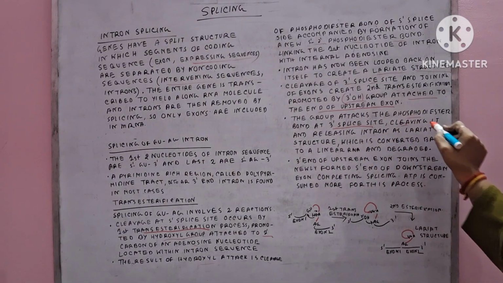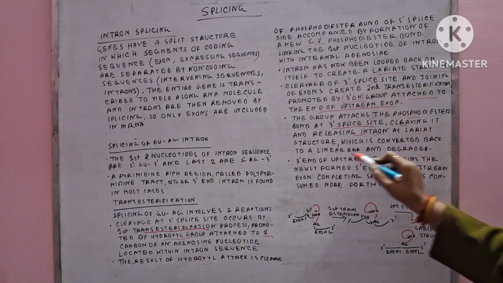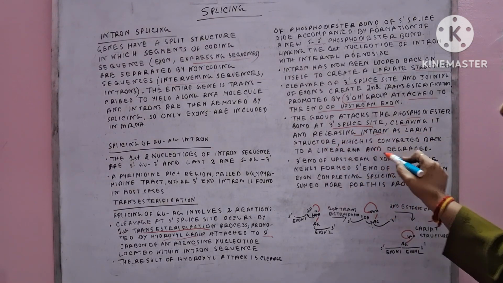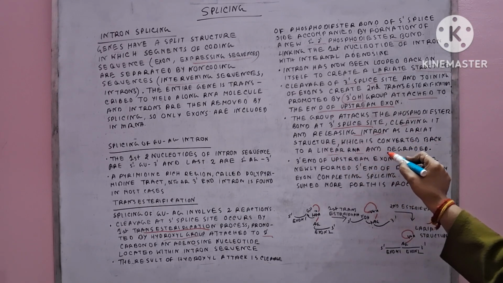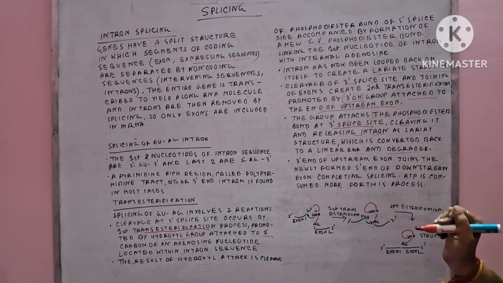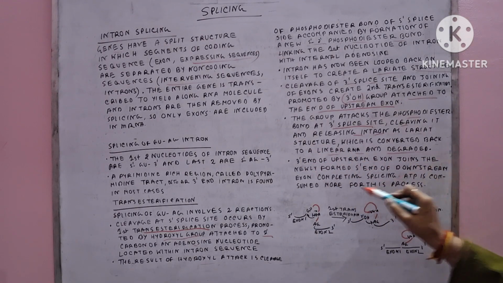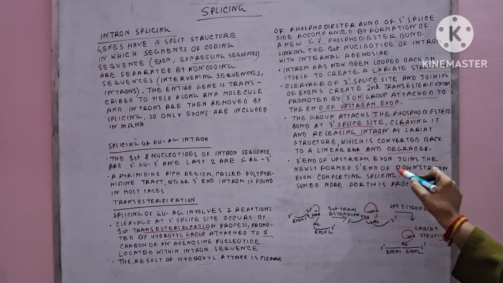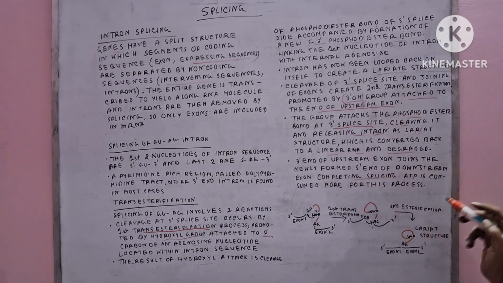Okay, cleaving that and releasing the intron as the lariat structure, which is converted back to linear RNA and degraded. And the last step is what? The 3' end of the upstream exon joins the newly formed 5' end of the downstream exon, completing the splicing.